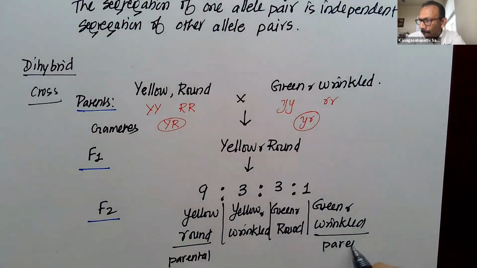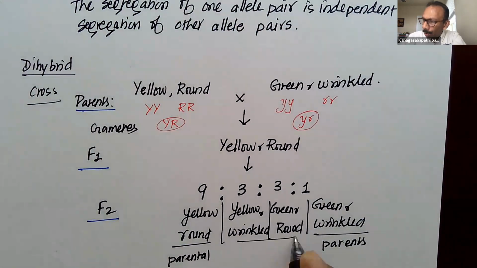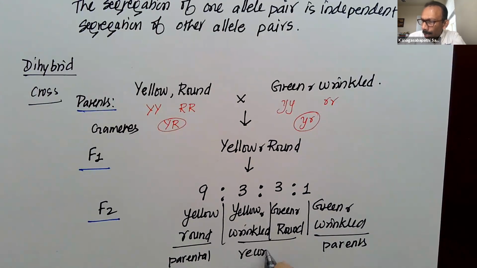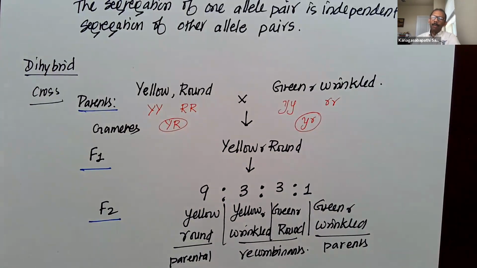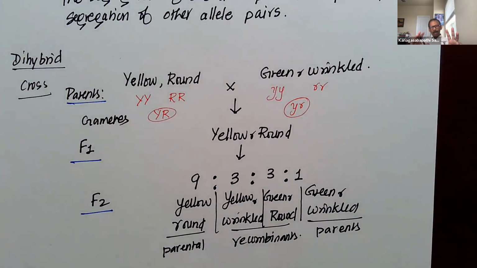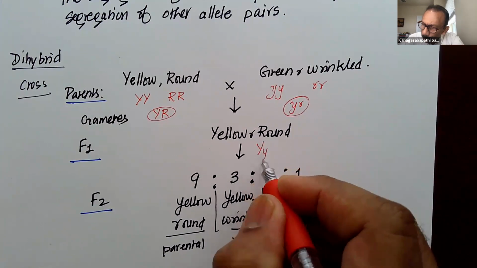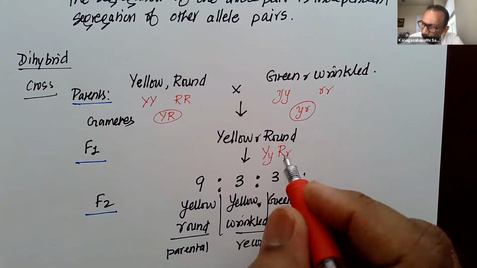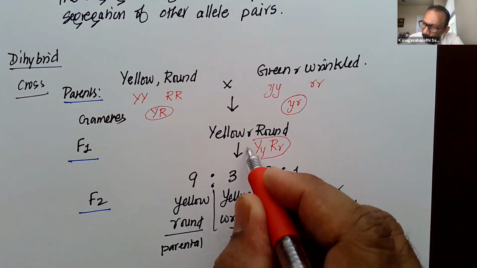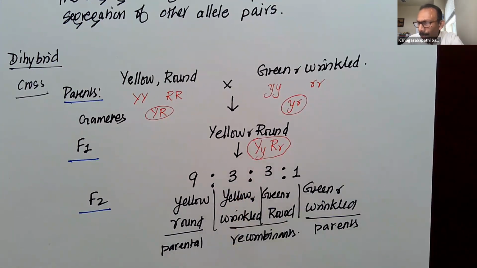They look like their parents, whereas these two are called recombinants. They have a combination of one dominant and one recessive, and so on. The genetic makeup of the F1 is YyRr. So you need to figure out how all these things are happening.